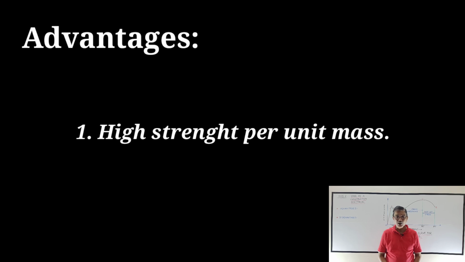This is useful in case of bridges where the spans are long. So, bending moments are more, so strength required is more. At the same time, weight should also be as minimum as possible. So, this is the most important advantage of steel, that is high strength per unit mass.